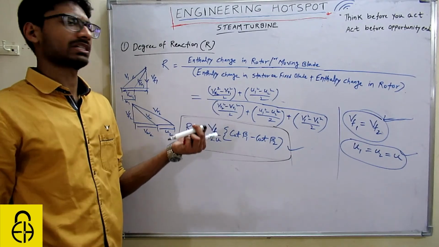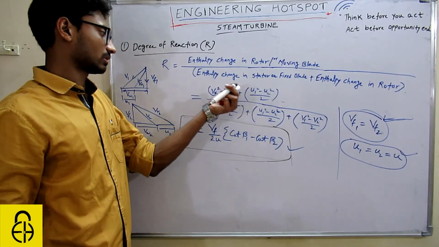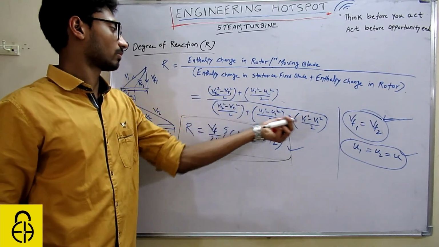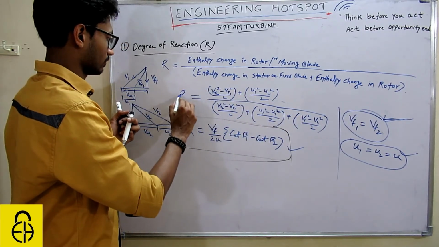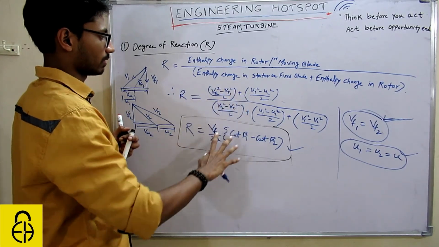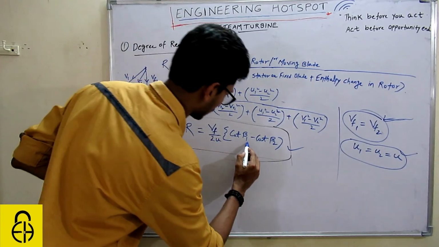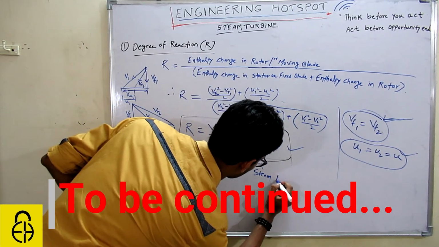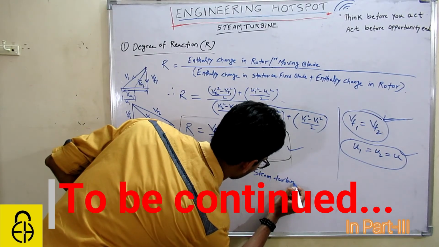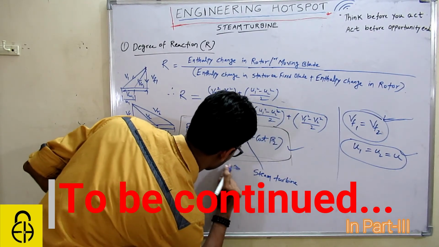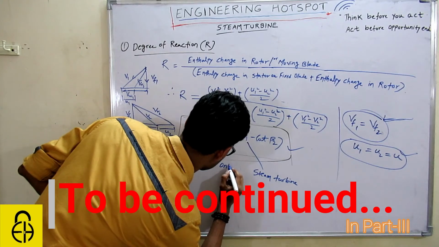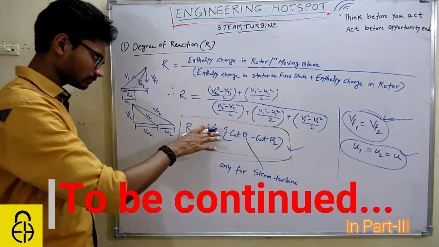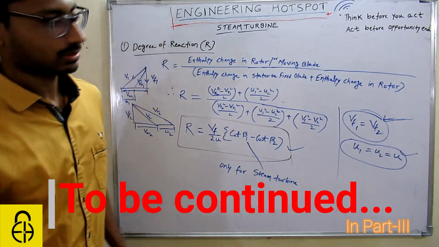For subjective papers, you can use the basic concept, which is always applicable. You can apply it anywhere. But this formula is applicable only for the steam turbine. So this is for degree of reaction.